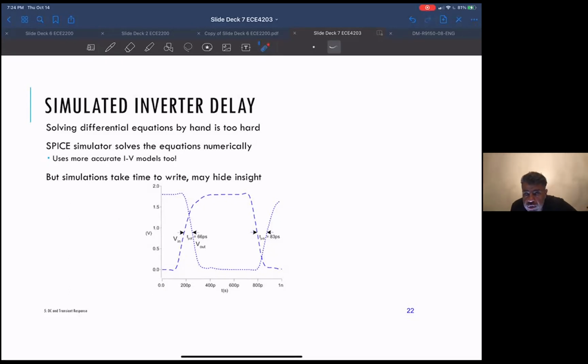Yeah. So I don't know if you have the book in front of you, Sophia, or the rest of you guys. If you go to page 296, you will see there's a Spice deck there. I don't know what the Spice deck is doing, but anyway, it says it's figure 8.10, and it shows you how to do the measure statement for prop delay rise, prop delay fall, T rise, T fall, and so on.